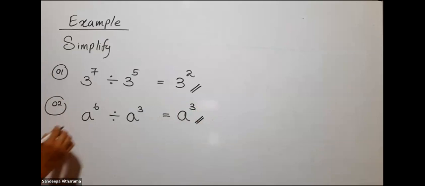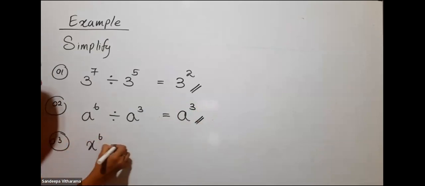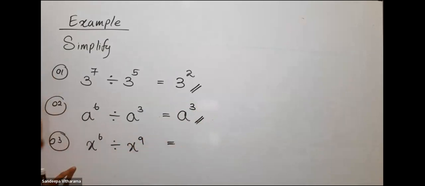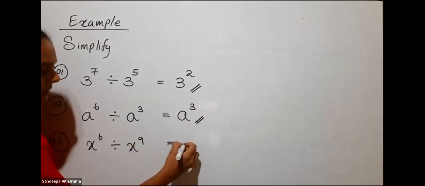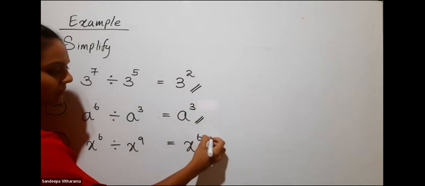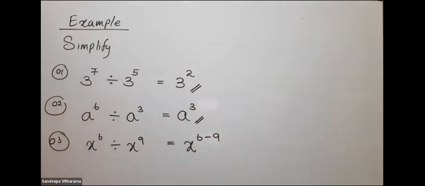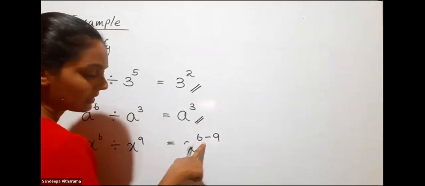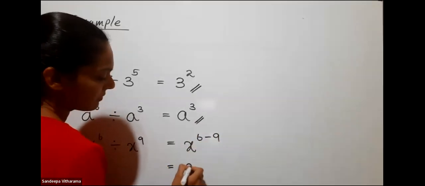Third one, x to the power of 6 divided by x to the power of minus 9. Now, here x to the power of 6 subtract 9. When you subtract a large number by a small number, what happens?